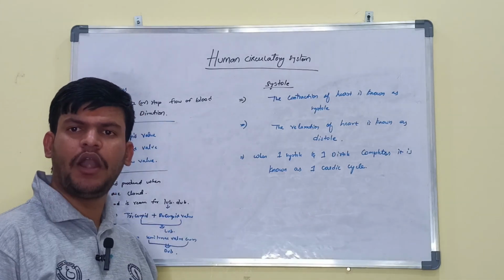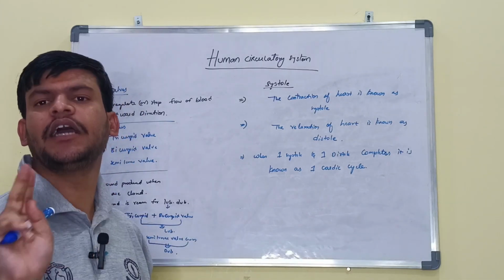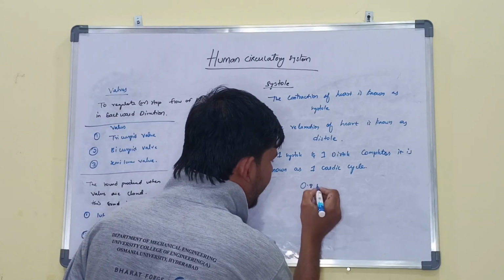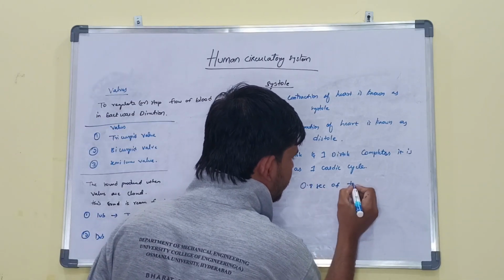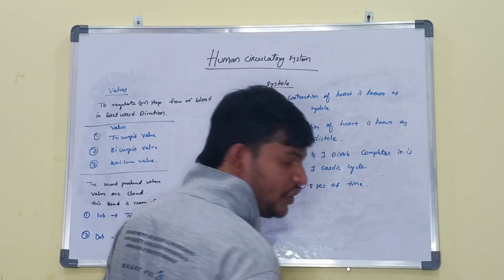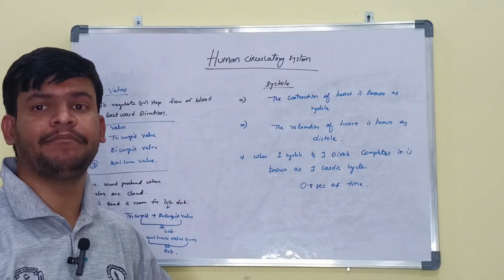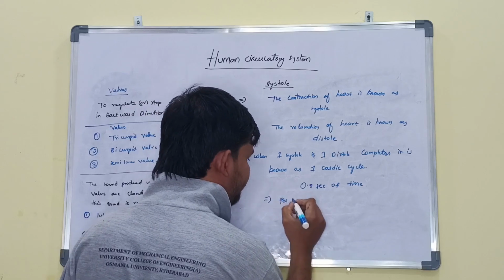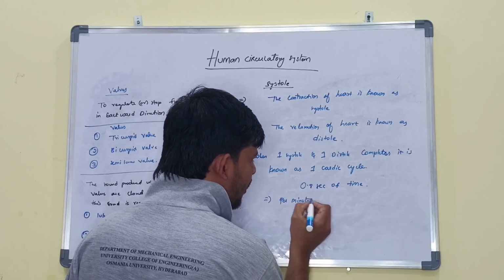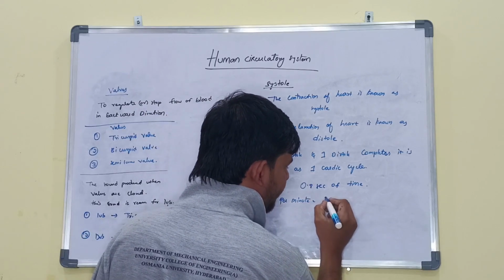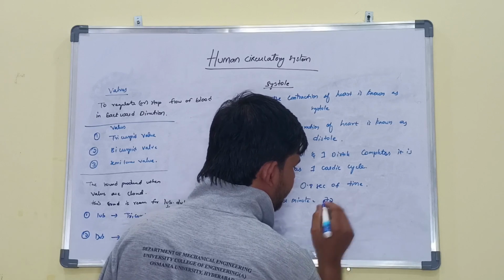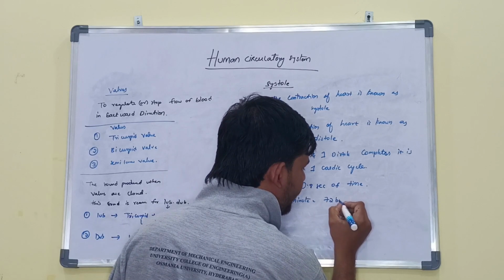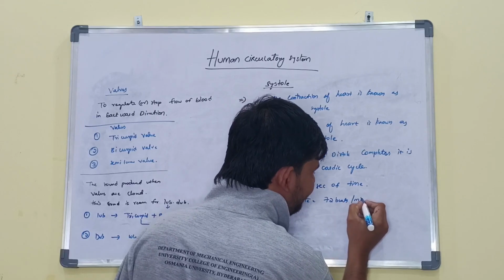To complete one contraction and one relaxation, the time taken by the heart is 0.8 seconds. As we know, the heartbeat per minute is 72 beats per minute.